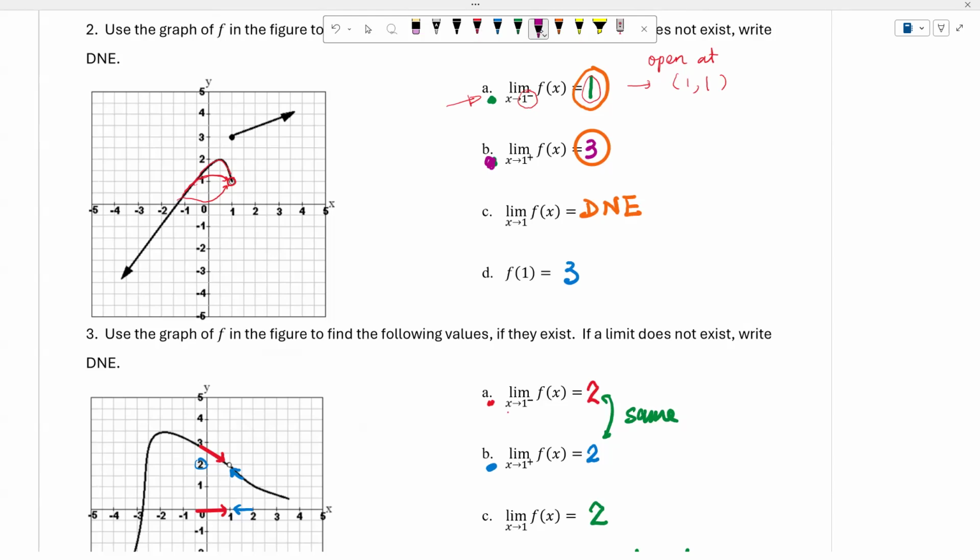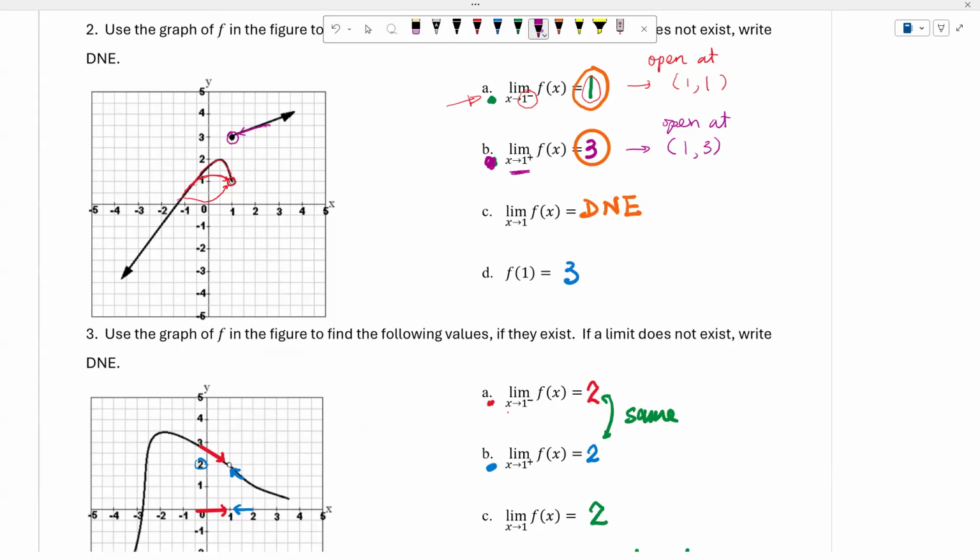And same thing with this one. You have an open point at 1, 3, and because x approaches 1 from the right, just connect a line from the right to this point.